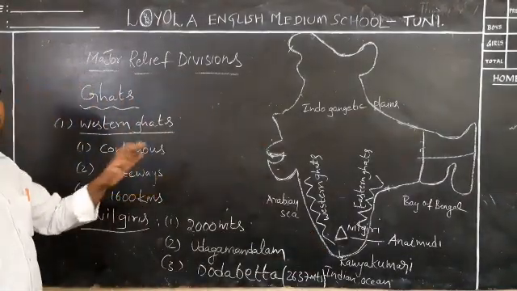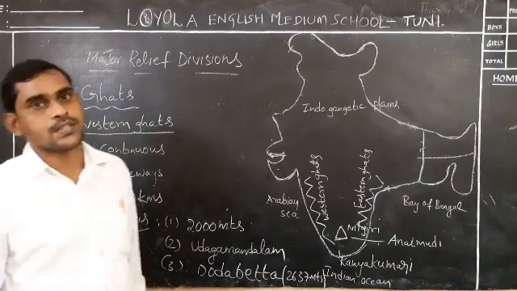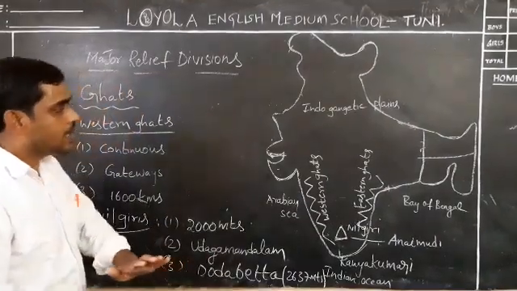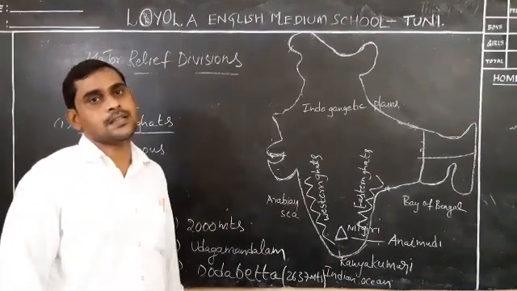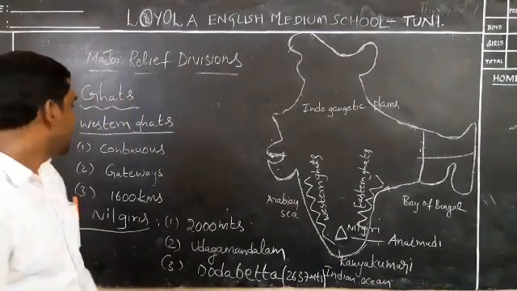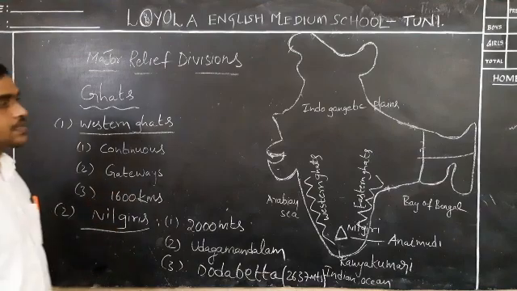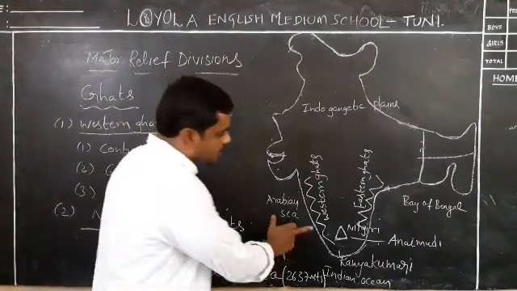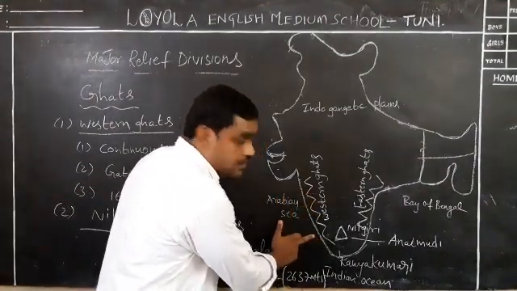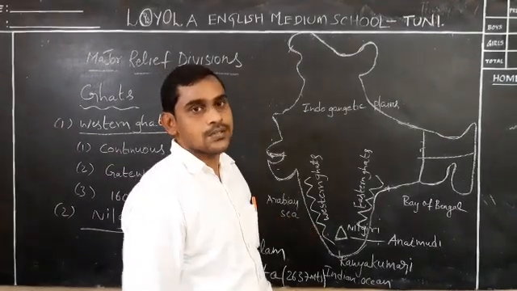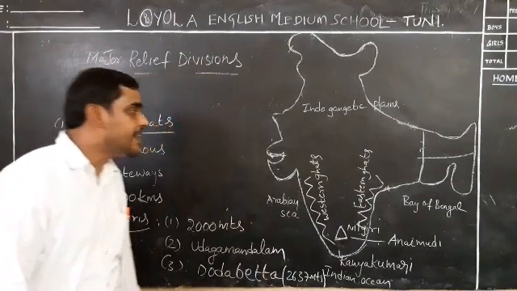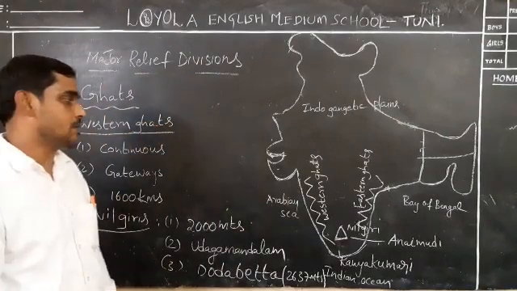The Western Ghats are continuous. Continuous means they continue. They do not stop at any place. And these are the gateways to the West Coast.